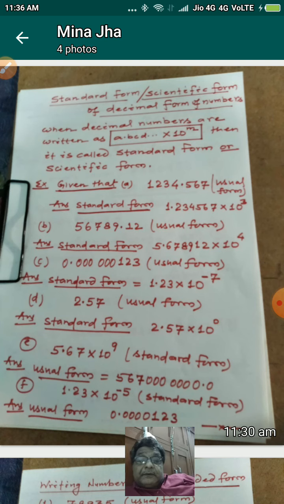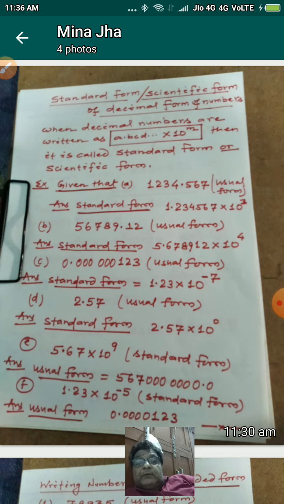Then you write the remaining digits of the given number and multiply it by 10 to the power which is suitable for that question, the required power. It will be more clear if you take an example.